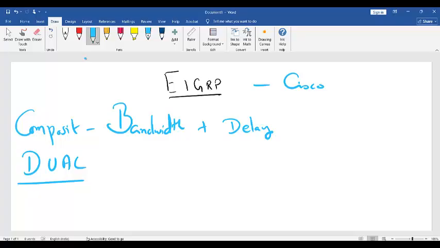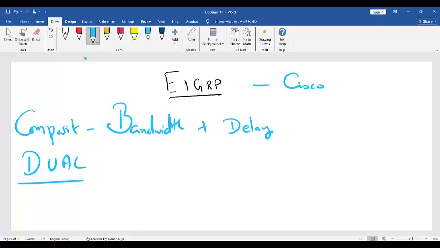Even the number of bits to calculate the metric is increased from 24-bit to 32-bit. EIGRP uses 32-bit for metric calculation. IGRP uses 24-bit. The older version uses fewer bits.